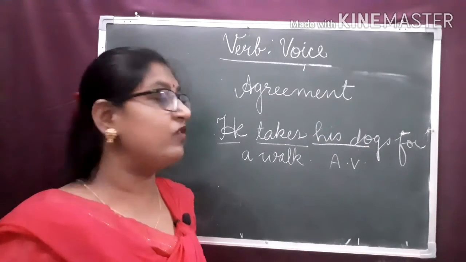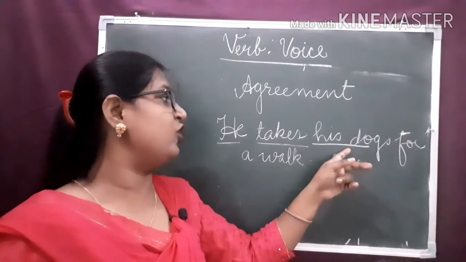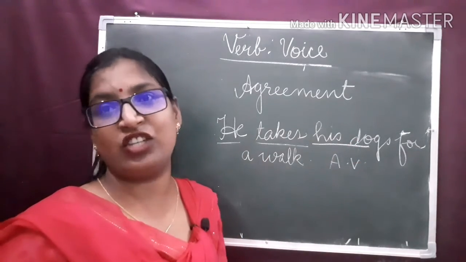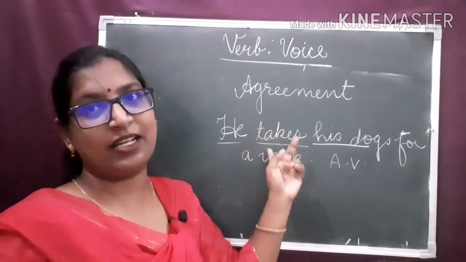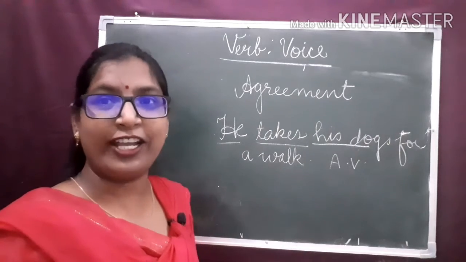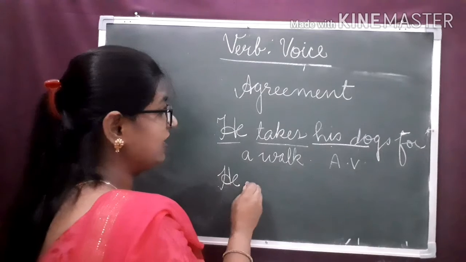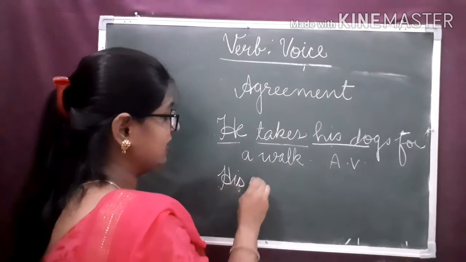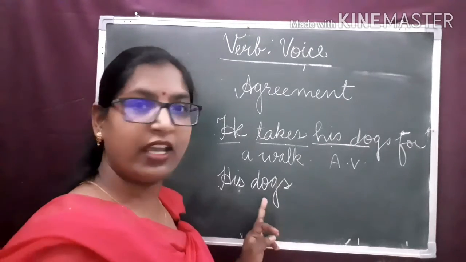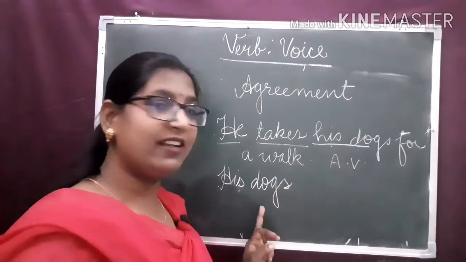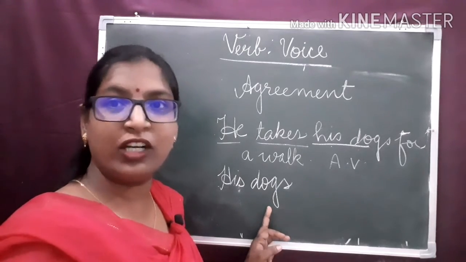So dear children, when we change from active to passive voice, the positions of the object and the subject are interchanged. The object becomes the subject and the subject becomes the prepositional phrase. How? His dogs becomes the subject. Here the object has taken the subject's place, so dogs is in plural form.